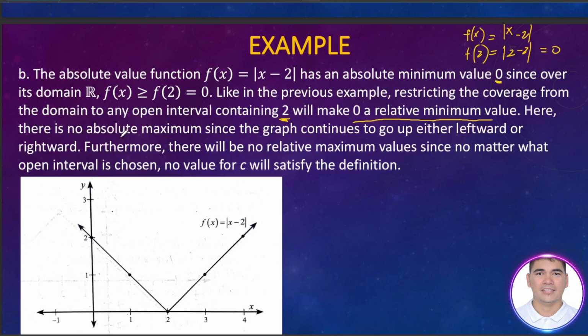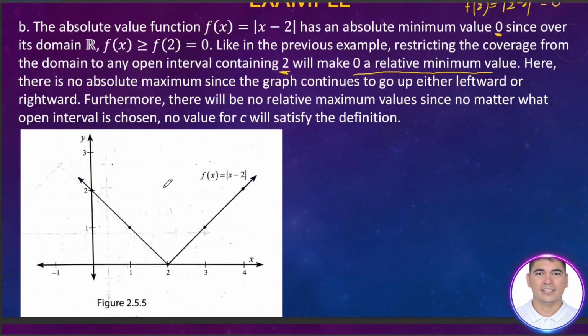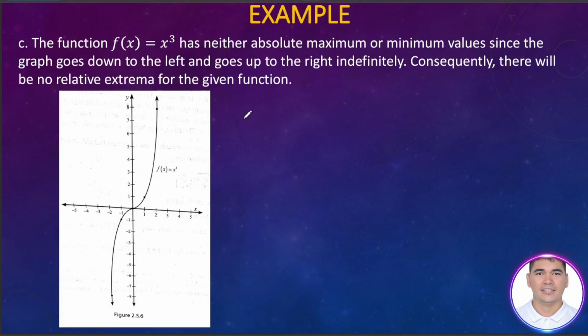In this case, we do not have an absolute maximum, as you observe, since the graph continues to go up on both sides, either leftward or rightward. So there will be no relative maximum values, since no matter what open interval is chosen, no value will satisfy the definition.